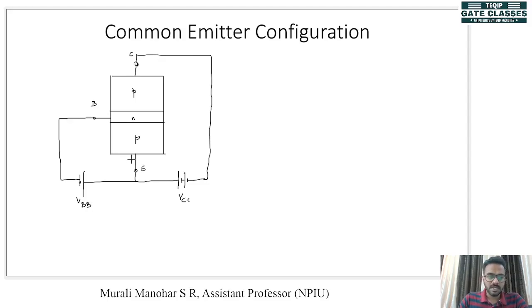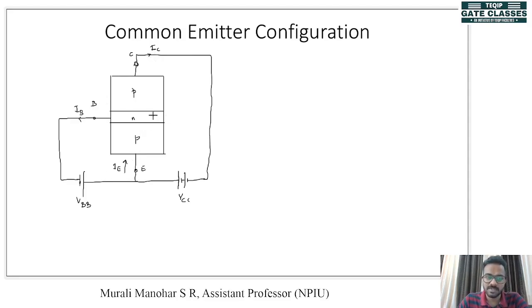Now we know that this emitter base junction is forward biased, so a current will flow through emitter base junction, and here it is called IE, and there will be some base current, that will be IB, and the most part of IE will be flowing through the collector, that is IC. What is the relation between IB, IC and IE?